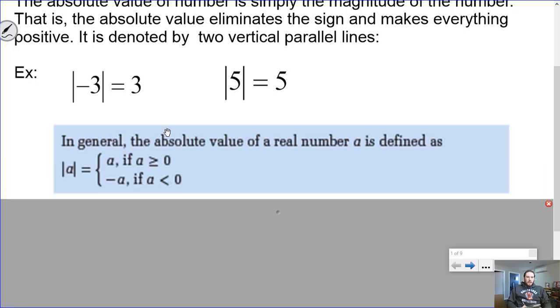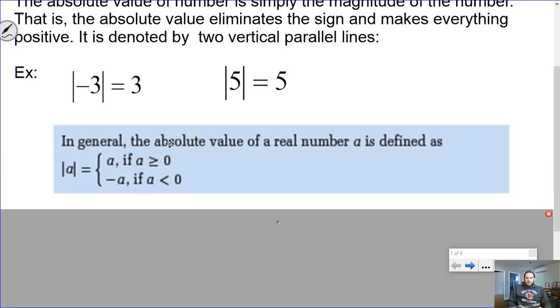In general, the absolute value of a real number is defined like this, where this weird looking bracket is called a piecewise function. It says that we just take the value of a if a is greater than or equal to 0.